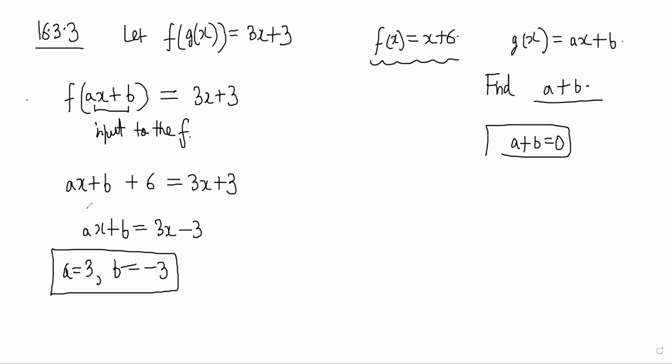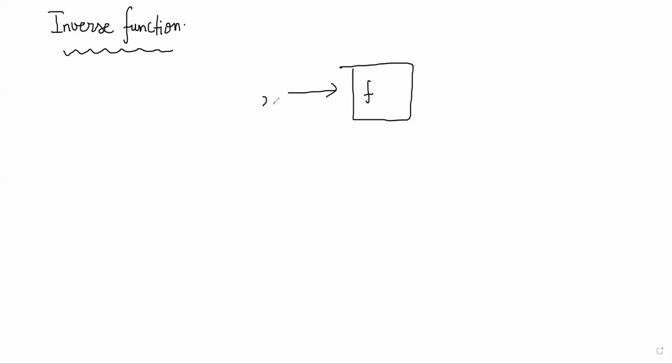What is an inverse function? The inverse function is like a function. If you put a value x into f of x, the inverse will take the output of f of x and plug it into the inverse to make it back to the same value.